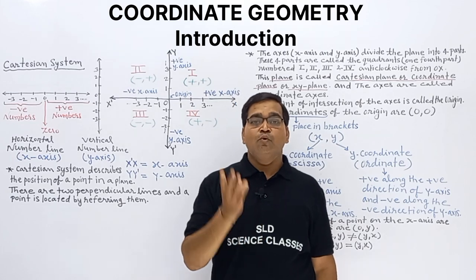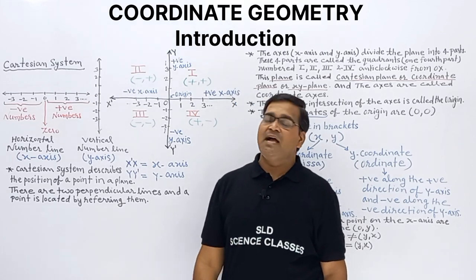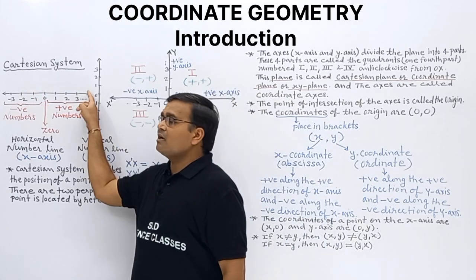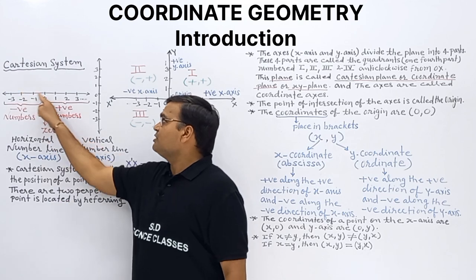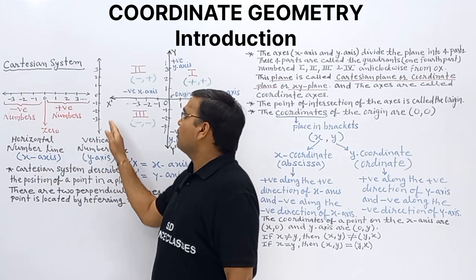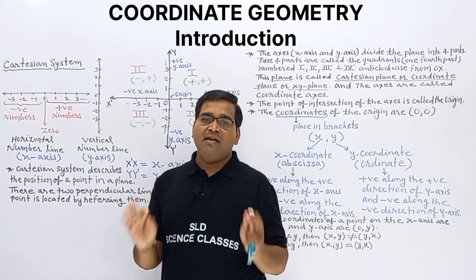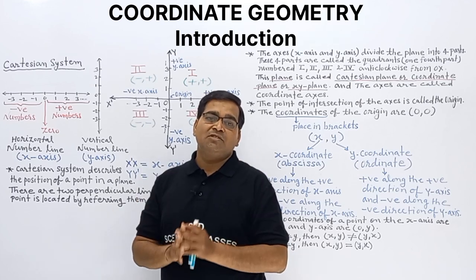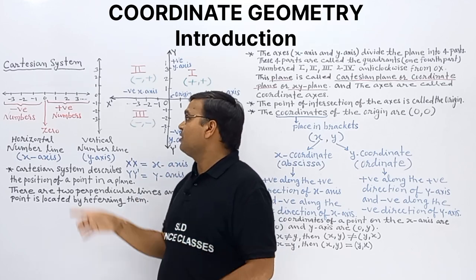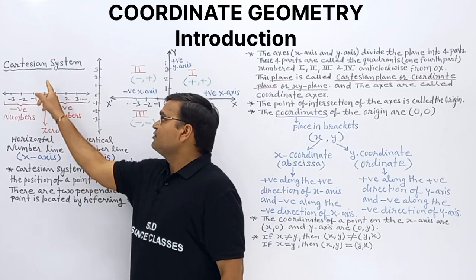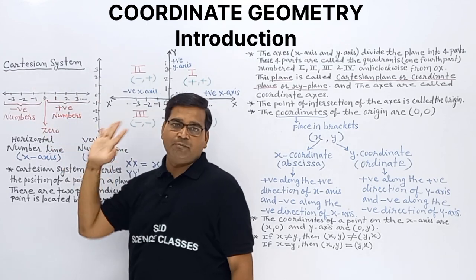Listen carefully. We have two types of number line. One is the horizontal number line, and this is the vertical number line. A number line has three types of numbers: positive numbers, 0 and negative numbers.